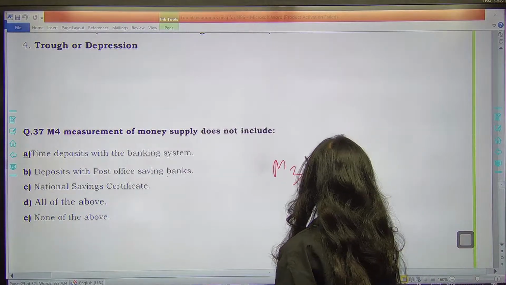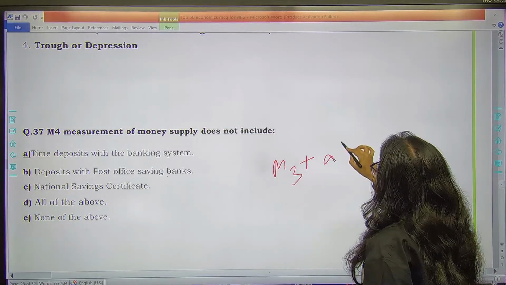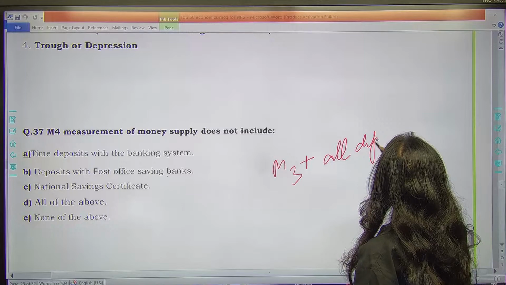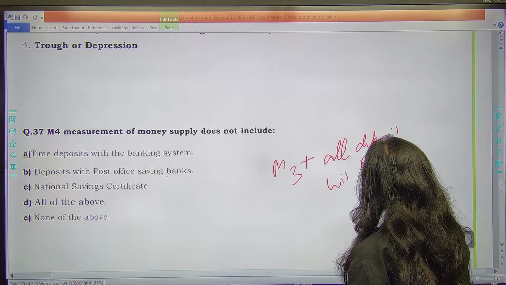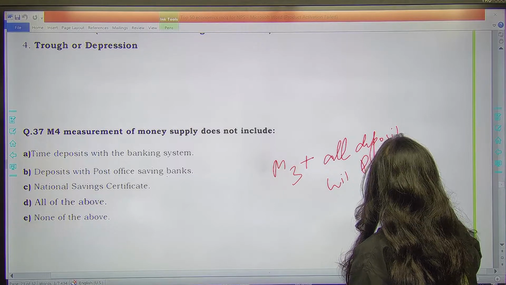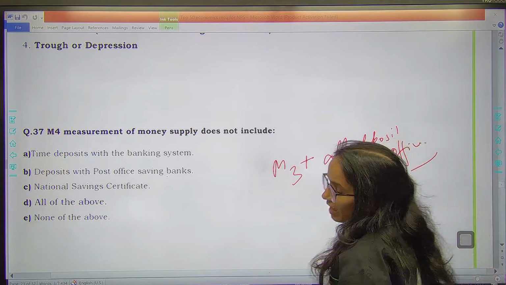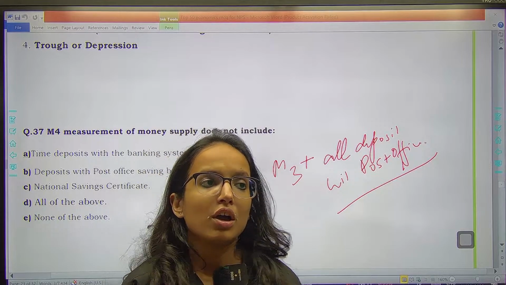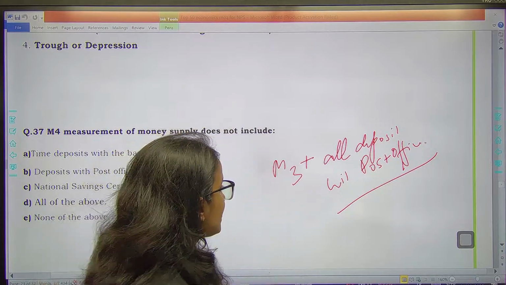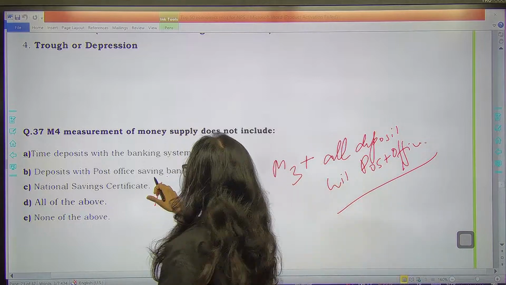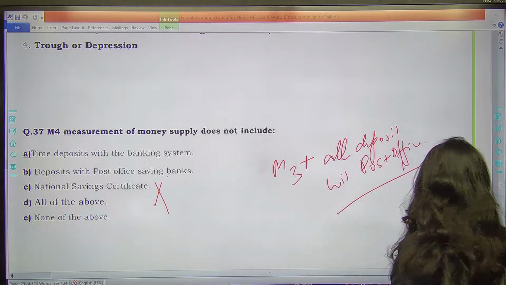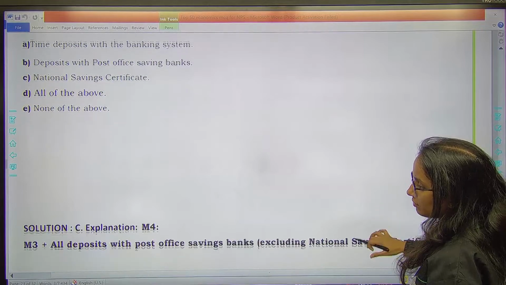M4 is M3 plus all deposits with post offices, excluding NSC. M4 is M3 plus all deposits with post offices but excluding national saving certificate. Yes. So national saving certificate is not a part of M4. Well done. Very good. Next question.